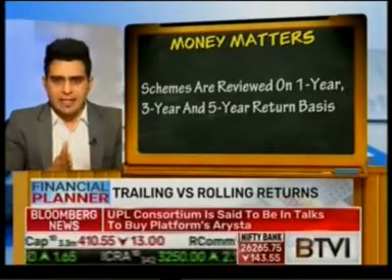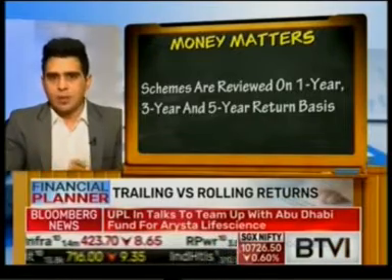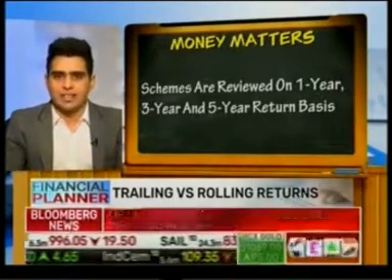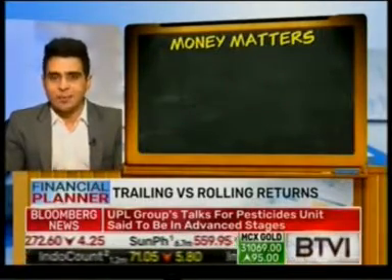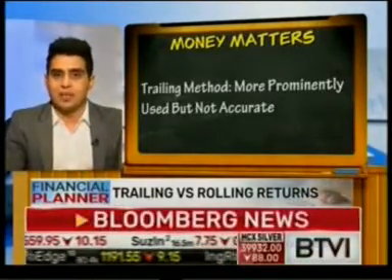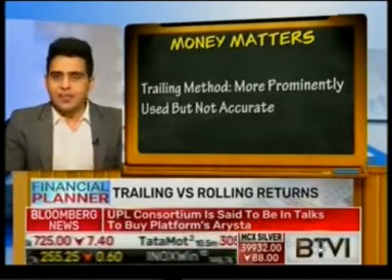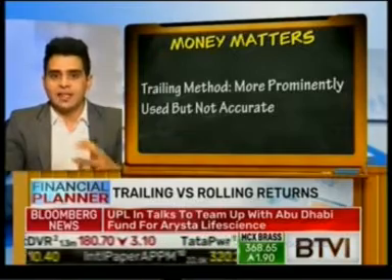So the last 1 year return is from 1st January 2017 to 1st January 2018. A 3-year return would be 1st January 2015 to 1st January 2018. And the 5-year return will be 2013 to 2018. So these are called trailing returns.